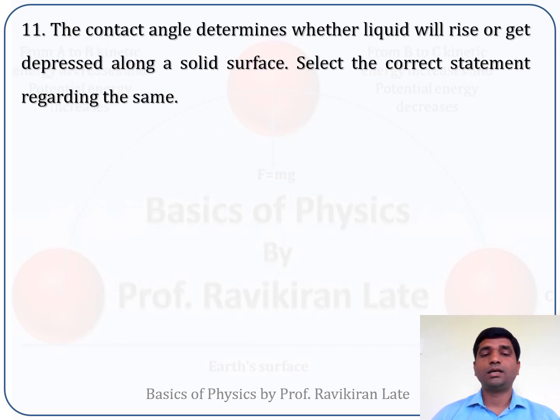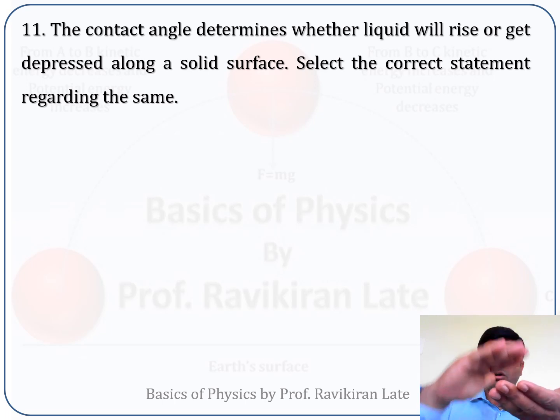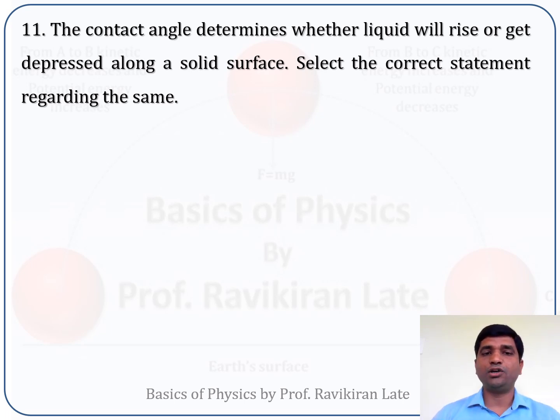Now next question. The contact angle determines whether a liquid will rise or get depressed along a solid surface. Select the correct statement regarding the same. Whether the liquid will rise or fall inside a capillary tube will be determined by the angle of contact.